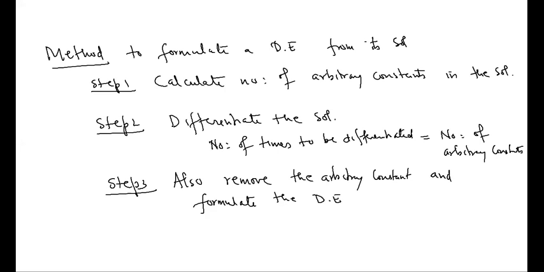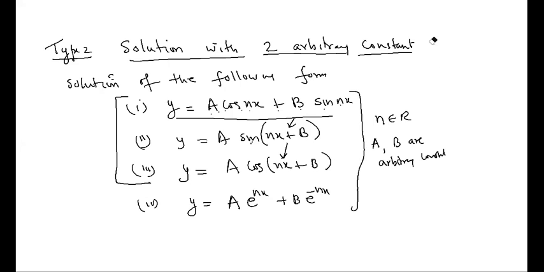So what are the steps in this problem? First step, calculate how many arbitrary constants there are. 2, A and B. Why don't you take n as an arbitrary constant? Because in your question, n will be a number.